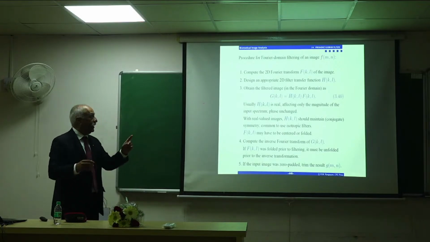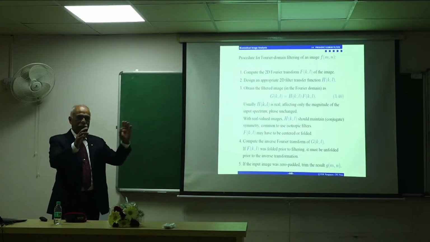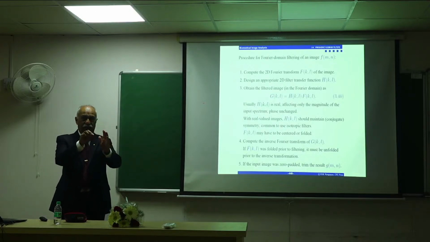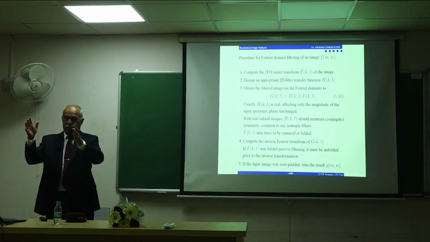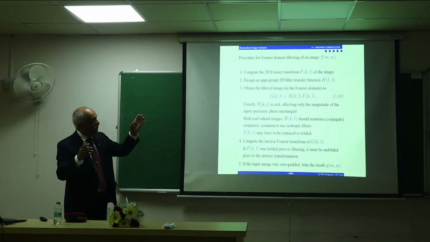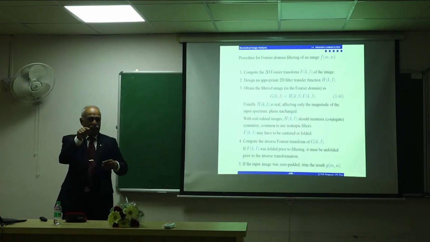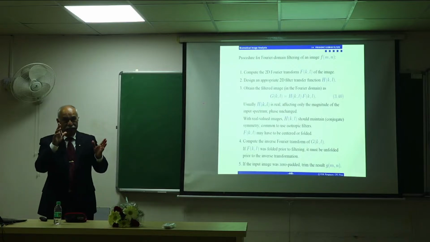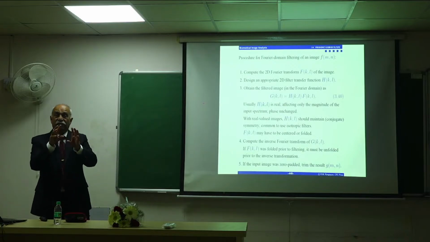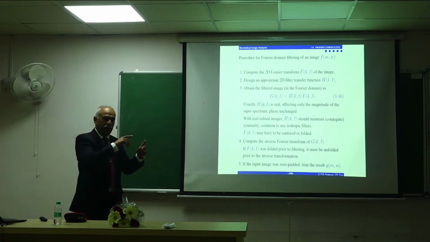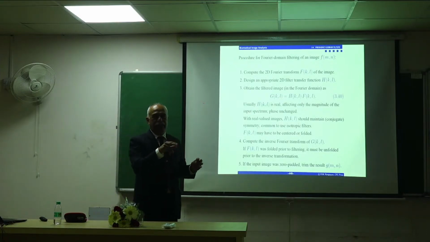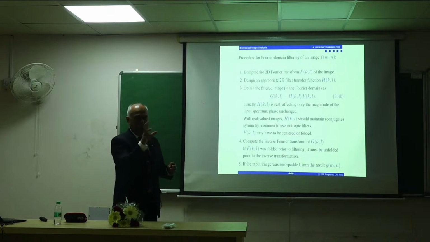And you have to take care of centering. Is the spectrum of the image centered with DC in the middle? If you did that, then the filter function H(k,l) must also have its DC response in the middle. That's how you normally specify filter functions. But the FFT of the image will not give you the centered spectrum, so you have to center it or shift it.